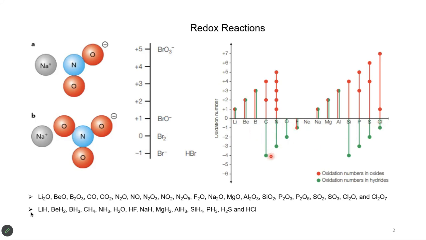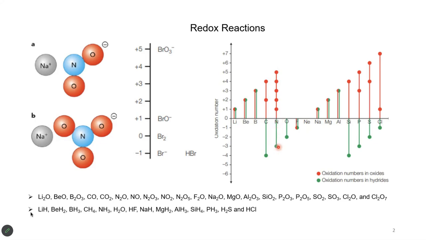So here we can show how many oxidation states an element can have. For example, carbon can have an oxidation state of -4 as well as +2 and +4. Nitrogen is one of the elements which has lots of oxidation state compounds available.